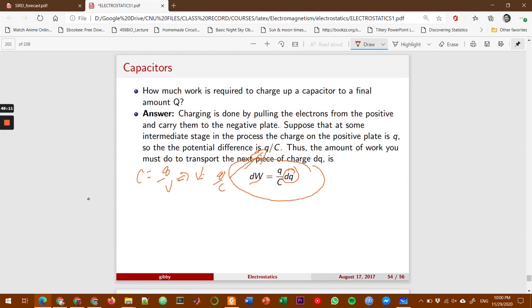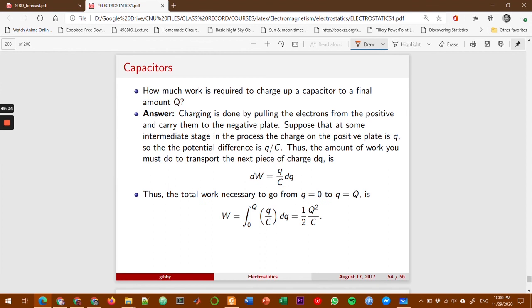In reality, when you transport charge, it is per charge, because charge is quantized. But in this case, we just assume that your dq is continuous.